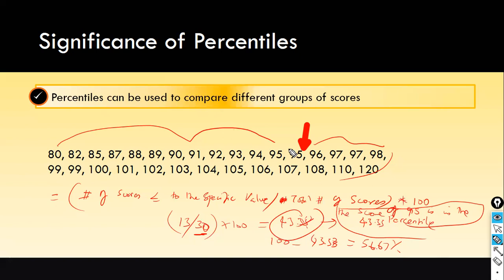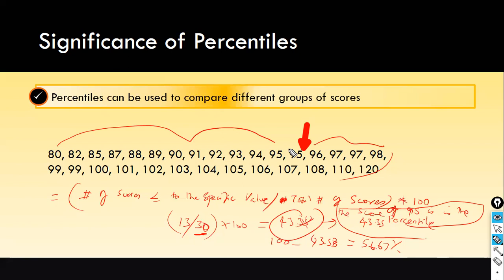Also, you can use percentiles if you want to understand the relative standing, where the score stands related to the rest of the data set. In that kind of situation, the percentiles are very much helpful. In the case of education, the percentiles are used more frequently.